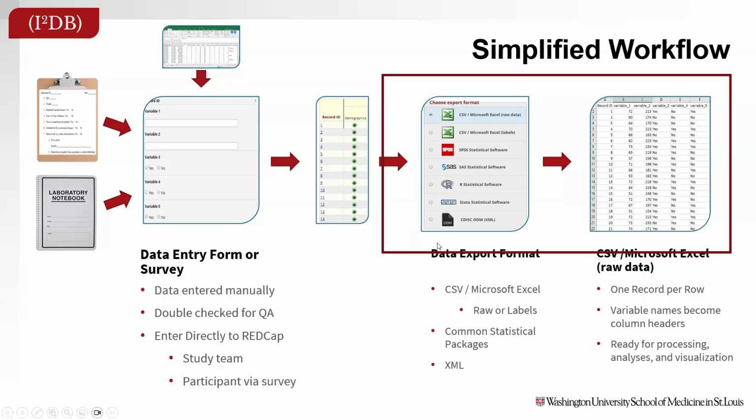And then we're going to export the data into a nice spreadsheet and then show you how you can export into some of these. I only have R on my computer, so we'll export to R, but you can export to SPSS, SAS, Stata, and an XML, which if you don't know what XML is, I'd say it's probably not worth worrying about.